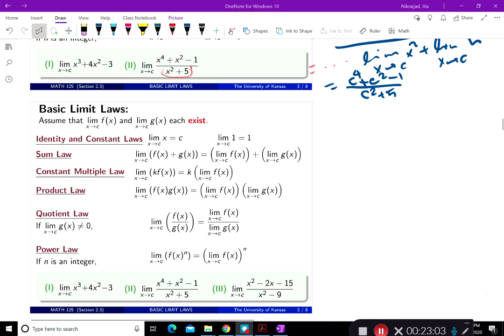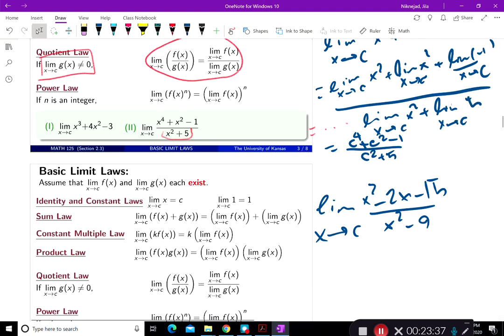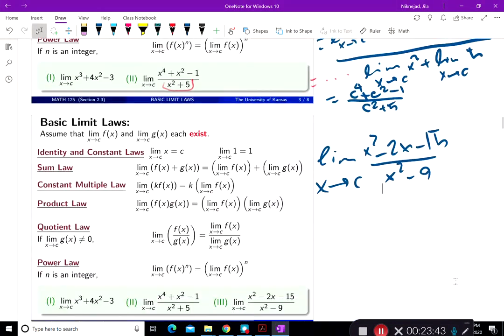Let's do one more example. This time it's another quotient function: the limit of x squared minus 2x minus 15 over x squared minus 9 as x approaches c. For quotient functions, the first thing that comes to mind is just to plug it in. But remember, with the last one, we tested the denominator first to be able to do that.